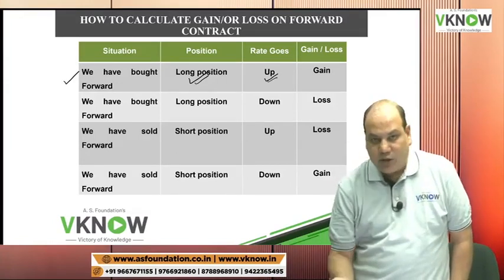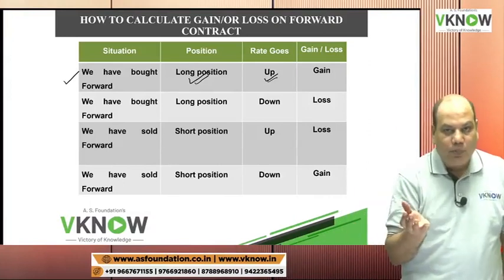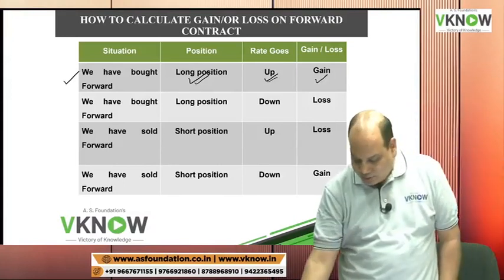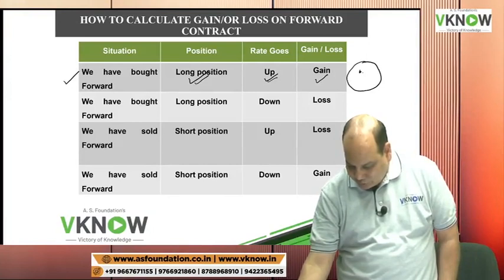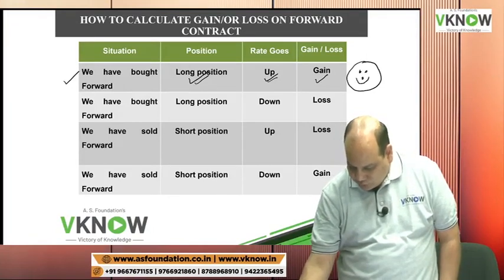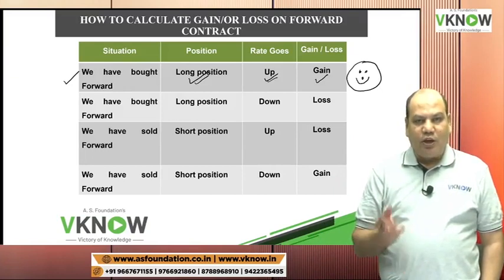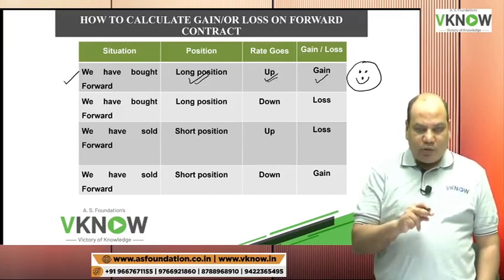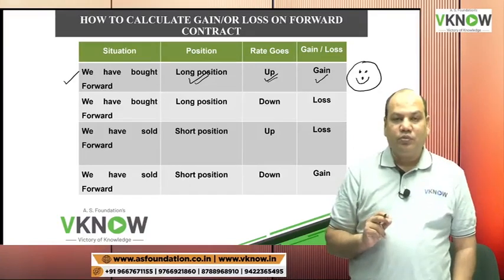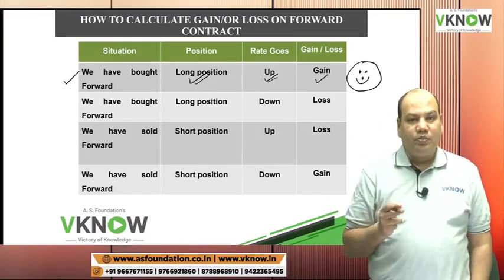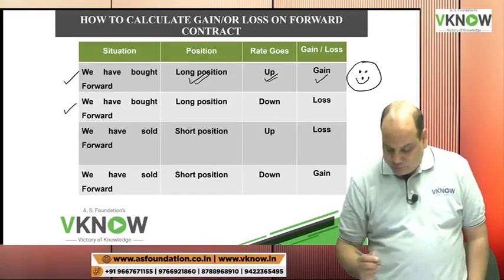If the rate is going up, Gopal will gain. If you buy forward and the rate goes up from 72 to 74, rate goes up, gain.